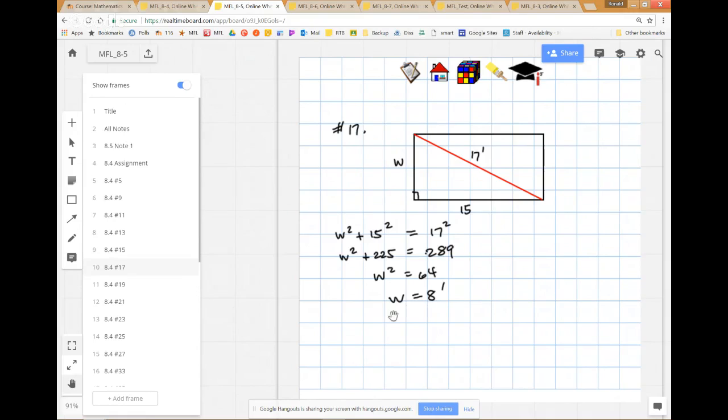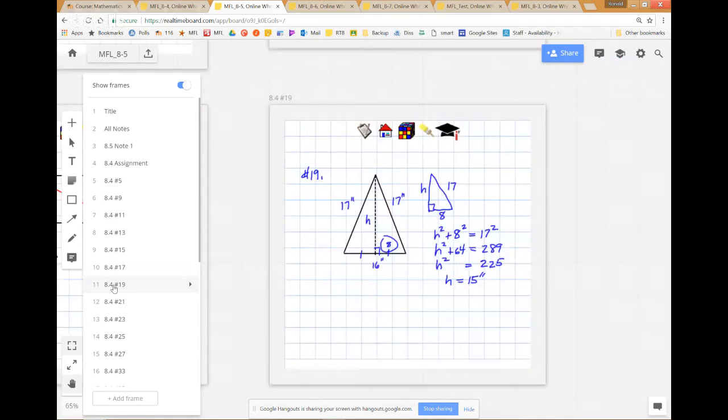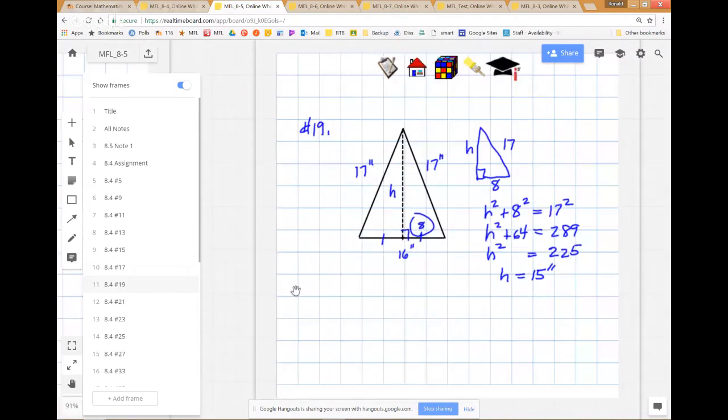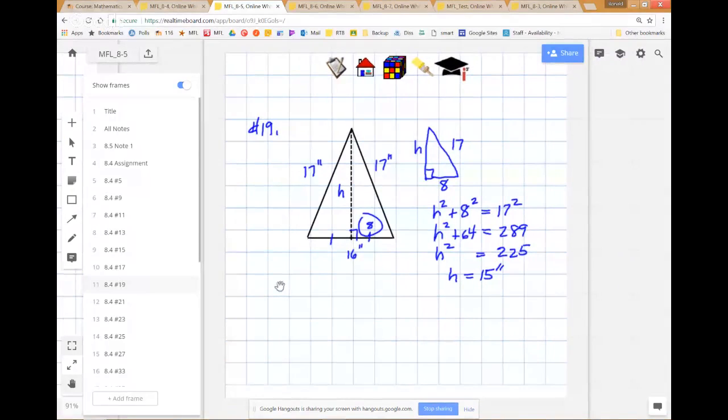We can look at number 19 too. Make sure you've got that. Number 19. Yeah, and you were right. Either one, they're similar. In this one, the base of an isosceles triangle is 16 inches.